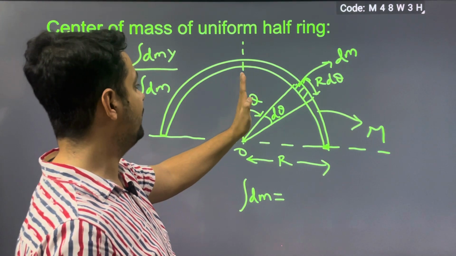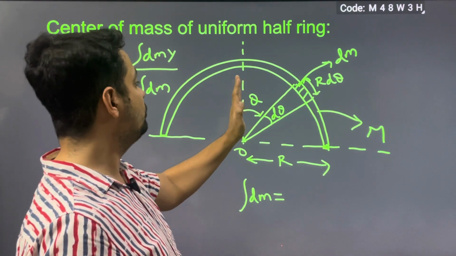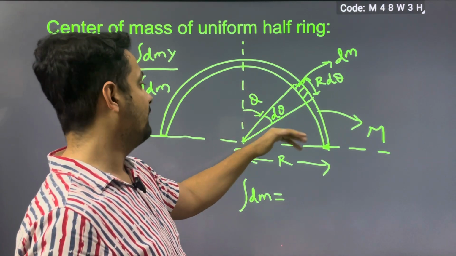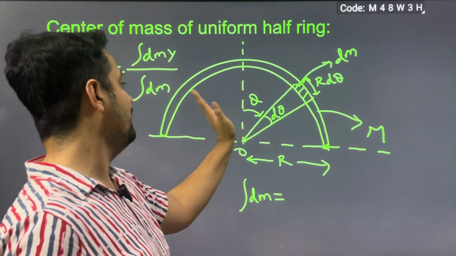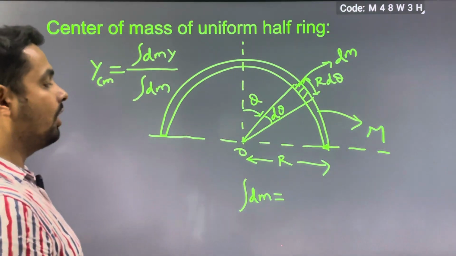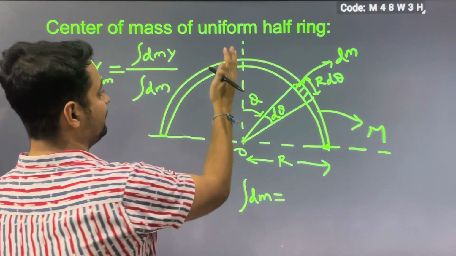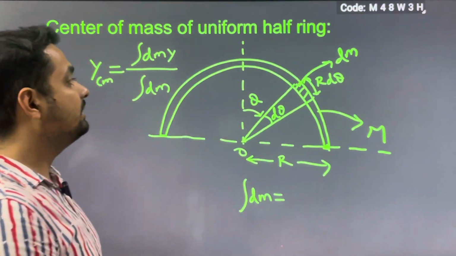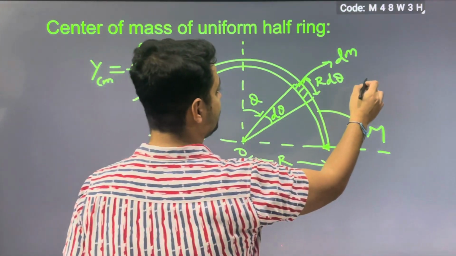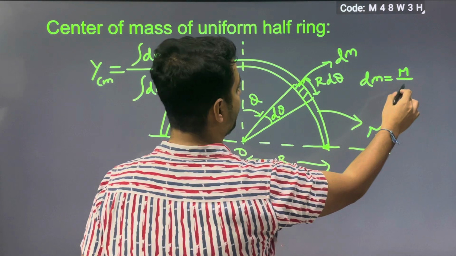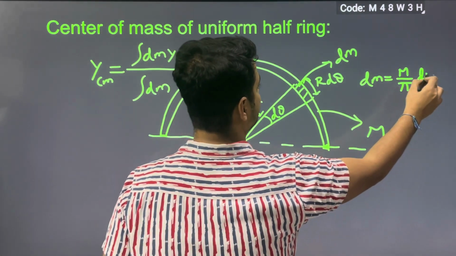It is a two-dimensional case, so theta goes from minus pi by 2 to 0 and then 0 to plus pi by 2. The reference line is this one. And dm I can write as dm equals m divided by pi into d theta.